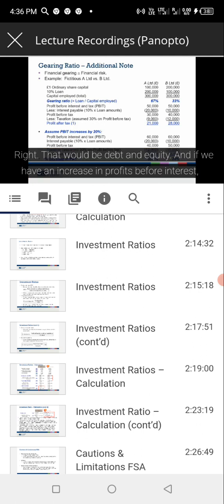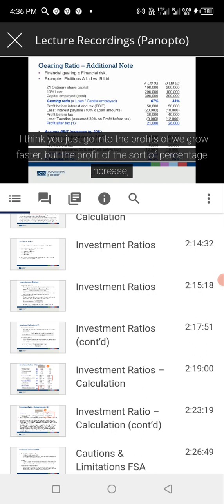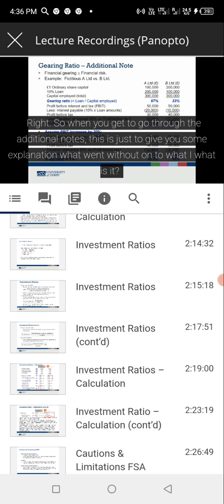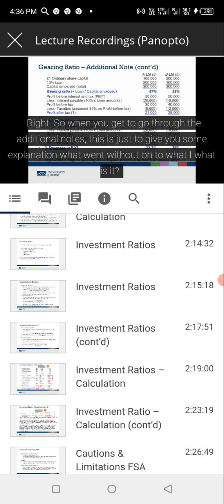And if we have an increase in profit before interest and tax, you discover that the profit of A will grow faster than the profit of B. And I see the percentage increase here. The percentage increase in after-tax profit will be higher for A than B because of the tax benefits. All right? So, when you get home, go through the additional note. This is just to give you additional explanation.